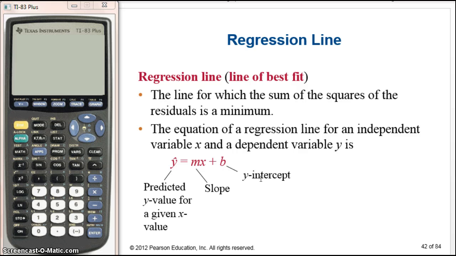And your calculator is basically going to give you some form of equation similar to that. It may not exactly be in this form mx plus b. It might not say this is m and this is b, but it will give you the equation of the best fit line.